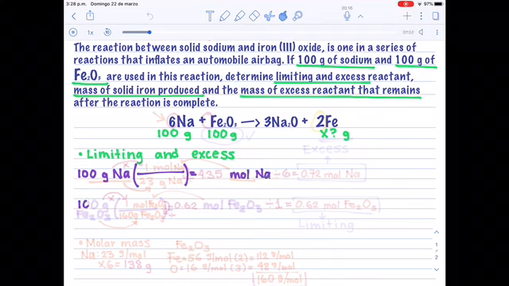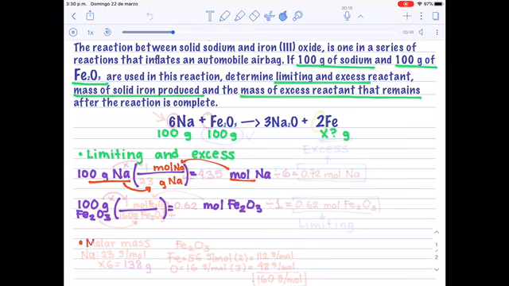The second one would be 100 grams of iron 3 oxide, then we would write the parentheses of the fraction, and we would end with moles of iron 3 oxide. Remember that down in the fraction, we're going to write the unit and the compound that belong to the known, and in the upper part of the fraction, we will write the unit and the compound of the element at the end. So it will be like this.